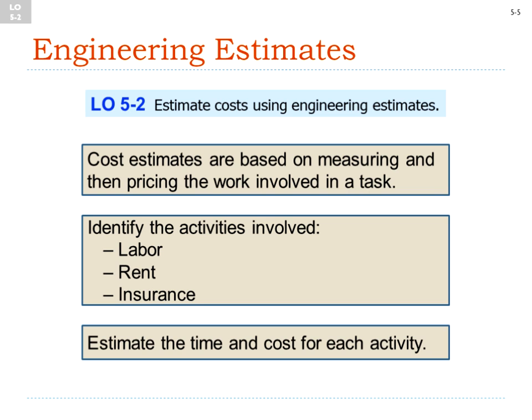However, an engineering estimate might also be developed from the ground up with no prior experience, so they're just based on best guesses. So sometimes they're based on experience, but they don't have to be. And we're going to compare this to our next method of cost estimation, account analysis.